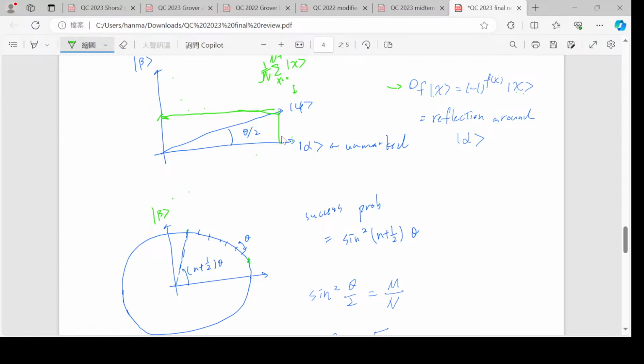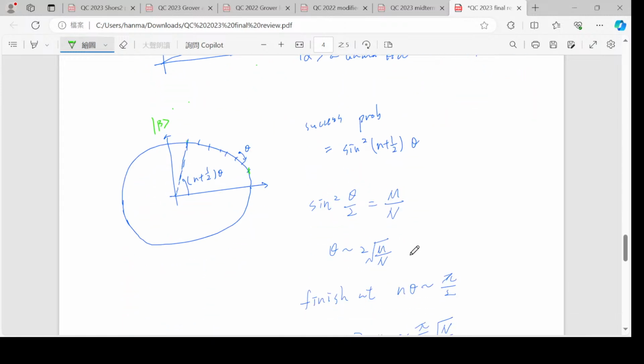So the length squared of this part is sine squared theta over 2, and that should be M over big N. So there are M marked items in big N items.